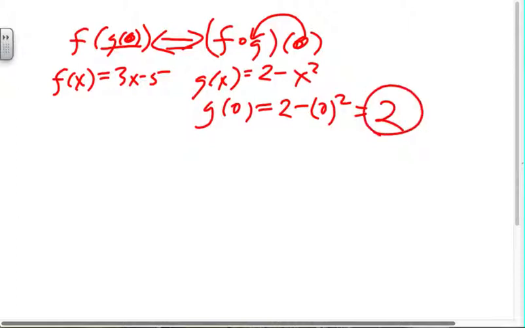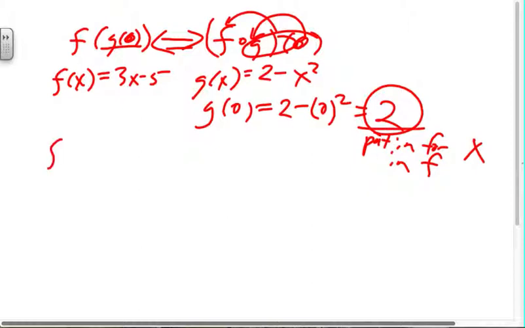So now I take that number right there and put it in for x in f. Because my next step here then is to take this thing and put it into f. So the number I got out was 2. So f of g of 0, which we know is 2.